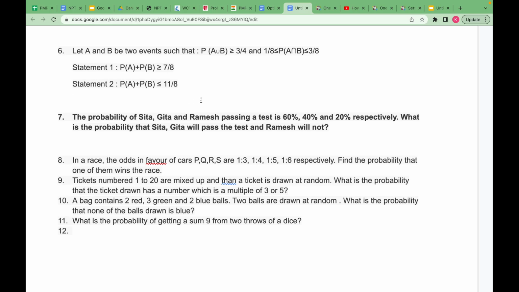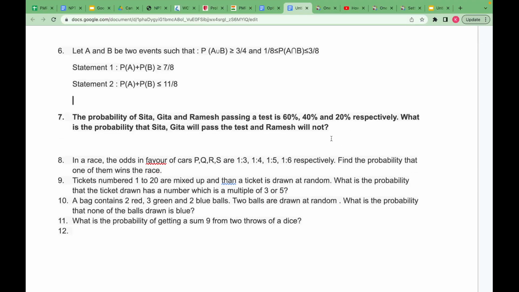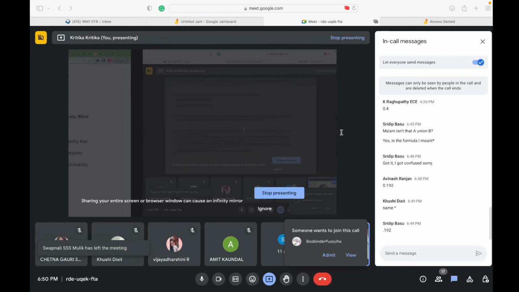So the probability that we need to find is the probability that Sita will pass the test multiplied by the probability that Geeta will pass the test multiplied by the probability that Ramesh will not pass the test. So the probability of passing the test is 60% for Sita and 40% for Geeta, and the probability that Ramesh will not pass the test will be 80% because the passing probability for Ramesh is 20%.